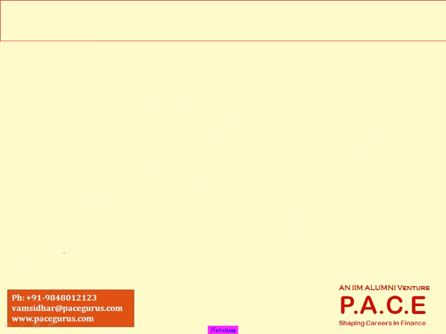Then the next concept that you need to be comfortable with is some kind of symbols relating to notations. Sometimes we see some symbols like something like this, which says for all.